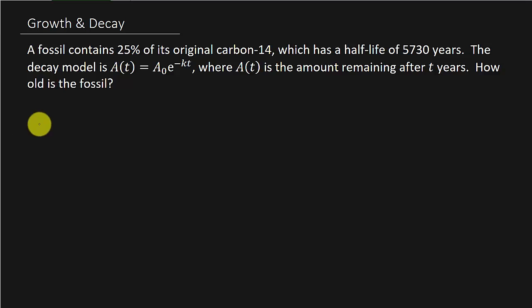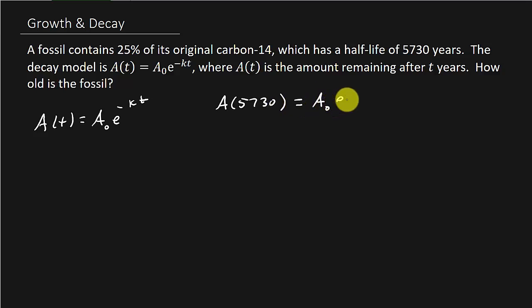So let's just start out by writing down our function. Now it tells us that the half-life is 5,730 years. So what that means is if we plug in 5,730 for t, that's going to give us A naught e to the negative 5,730 k.